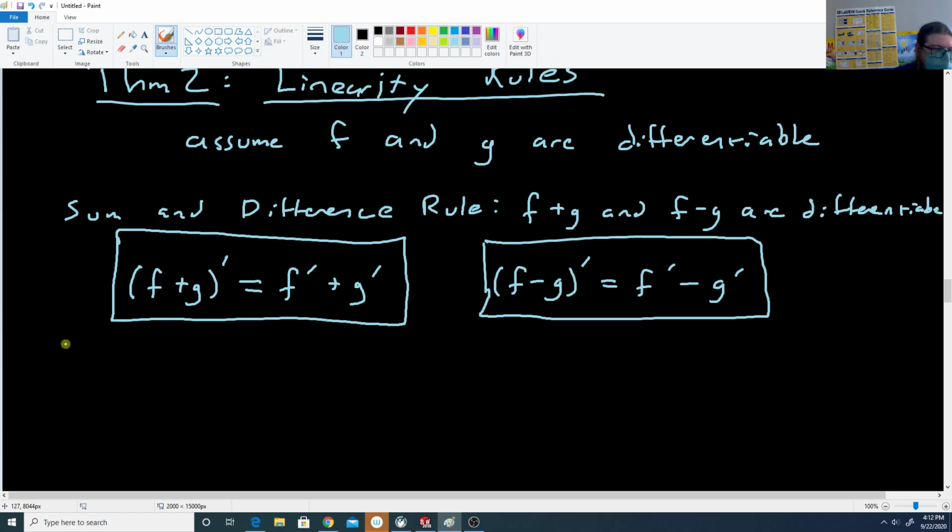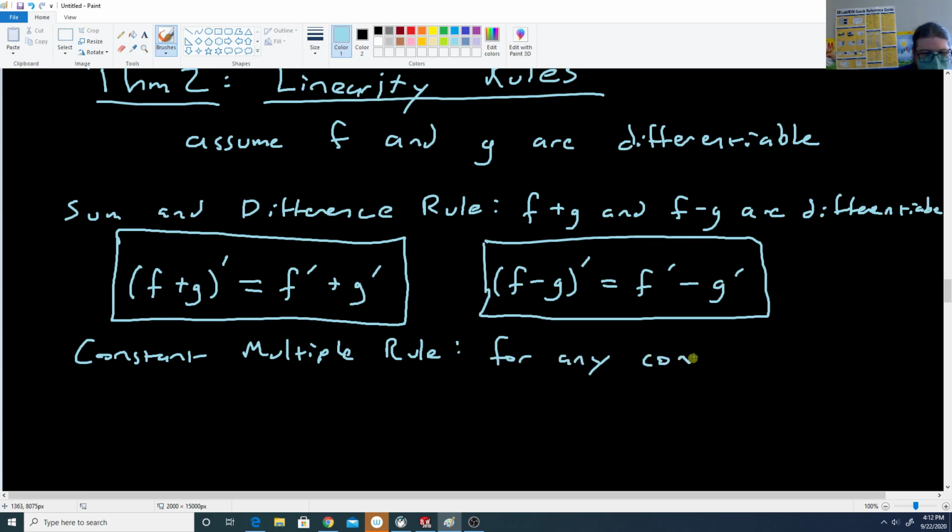And we get this constant multiple rule. So what the constant multiple rule says is for any constant c, we get c times f is differentiable.